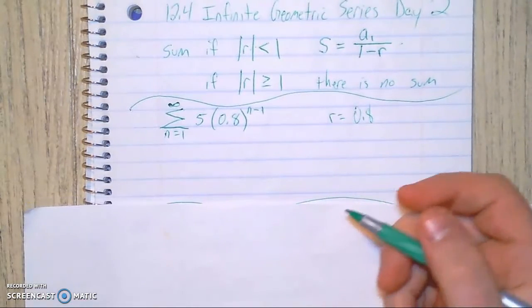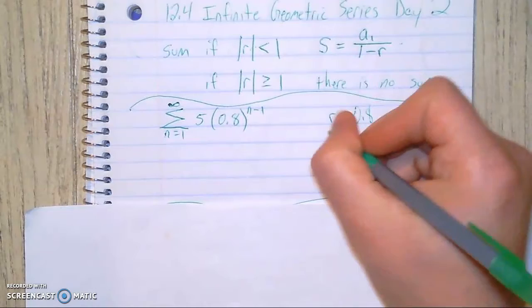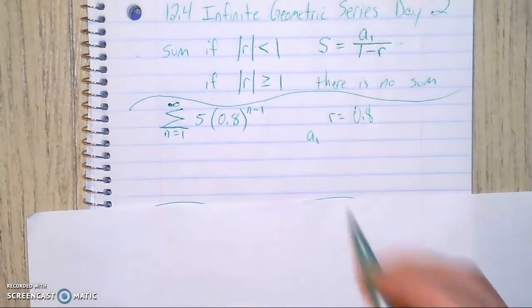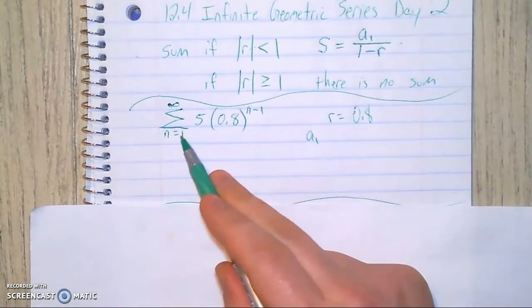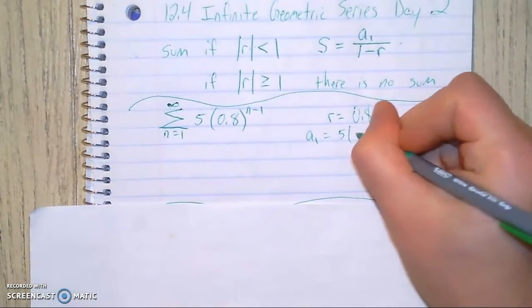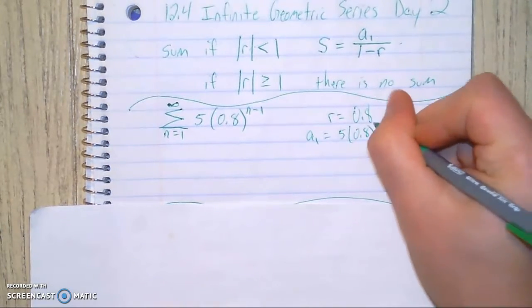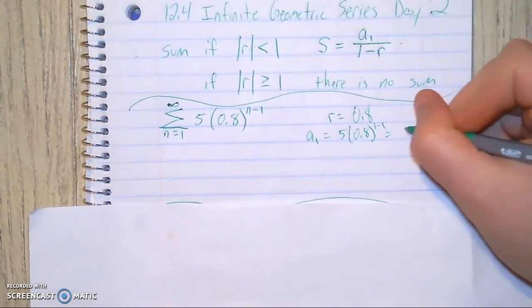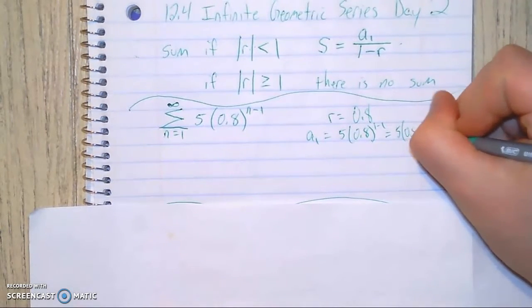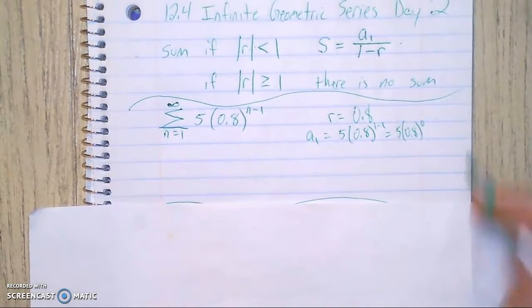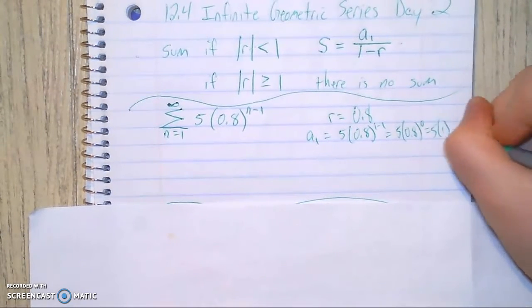So I go ahead and that tells me I also need the first term then. If I'm going to find the sum, I better get the first term. So I'm going to evaluate what happens when n is 1. That's what happens first here. So it's 5 times 0.8 to the 1 minus 1. Of course, 1 minus 1 is 0, so that's 5 times 0.8 to the 0. Anything to the 0 power is 1, so that's actually 5 times 1.